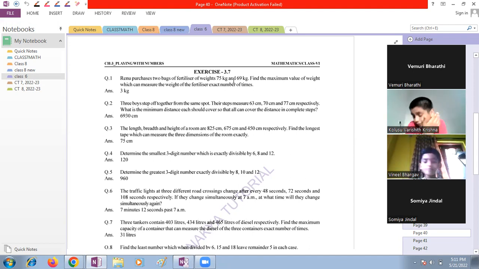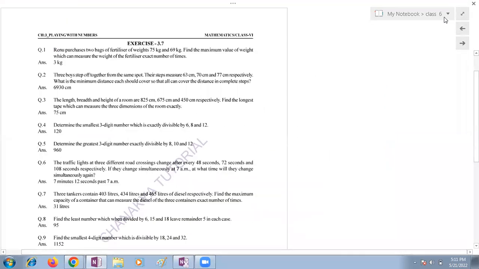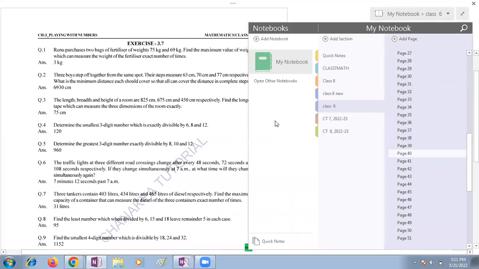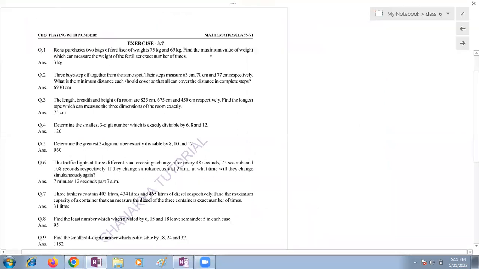Now, by looking at this question, you can see there is a keyword, children. You can observe the keyword. What is the keyword here? The keyword was maximum.